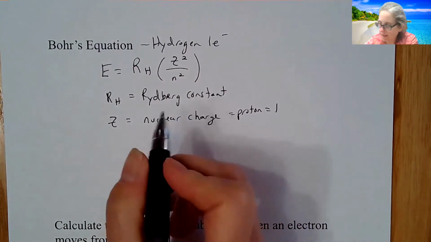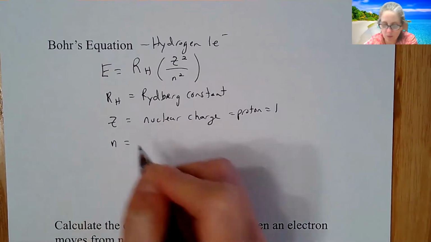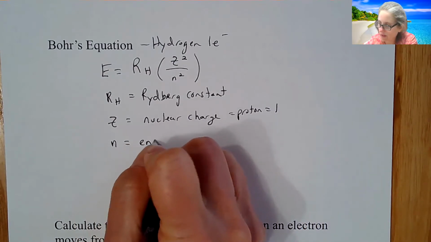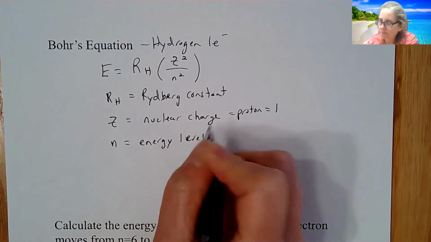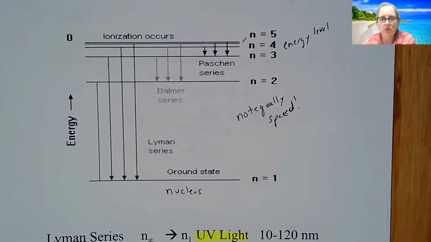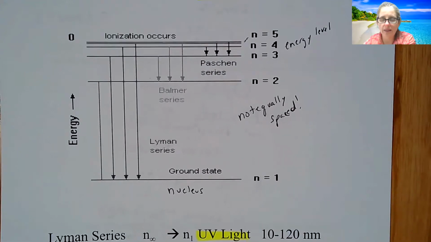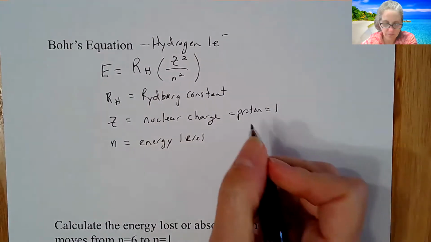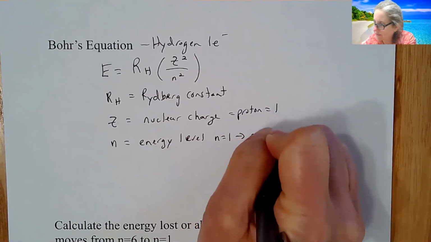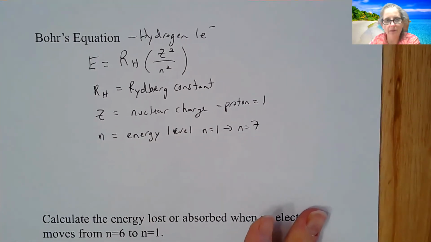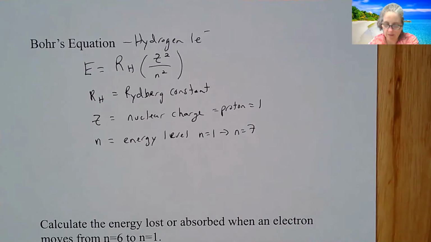You're going to wonder why we just put 1 there, but it's a whole saga. Then we have n, which is the energy level. So again, that goes back to this diagram here. So n is an energy level, okay? And energy levels can go from 1 to energy level 7. That's the maximum we have at this point.